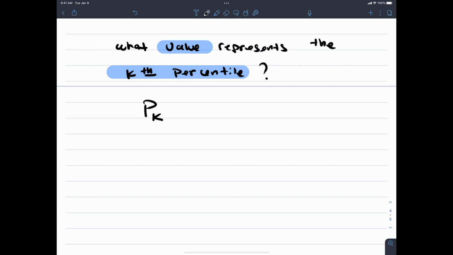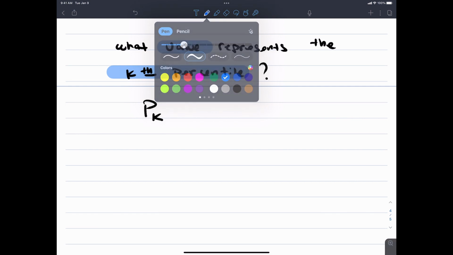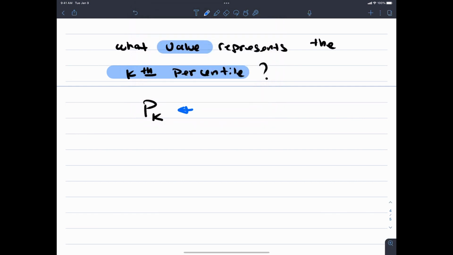So I'm going to give you some notation. P_k. This is P for percentile, K for that kth value. So this is defined to be the value they're talking about. That is the kth what? Percentile.